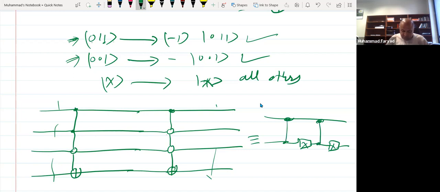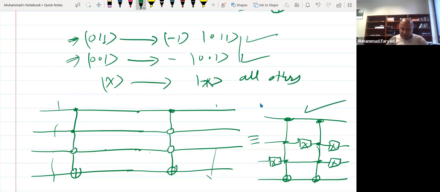And you see, this one is X control X, but this is also control X, X. But this X and this X will be X square, which is identity. So this is nothing but an X control, control, and X. Like this.